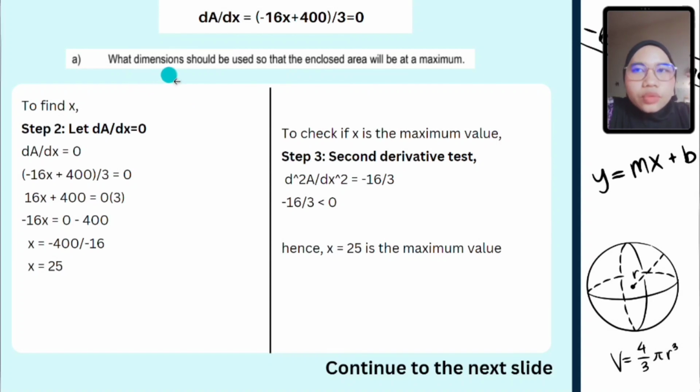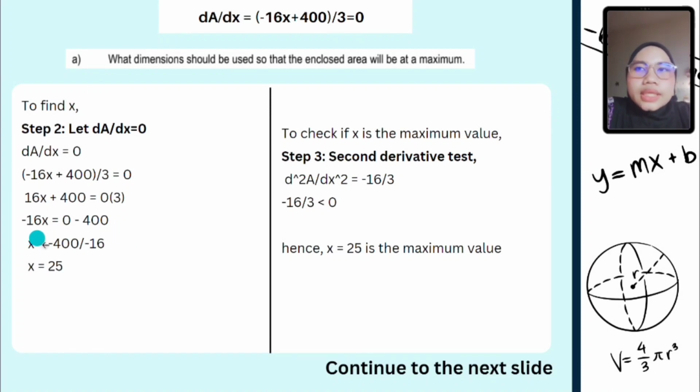To find x, we need to do step 2, which is to let dA/dx equal 0. From the previous slide, we got dA/dx equals (negative 16x plus 400) over 3. So, for step 2, we substitute: (negative 16x plus 400) over 3 equals 0.